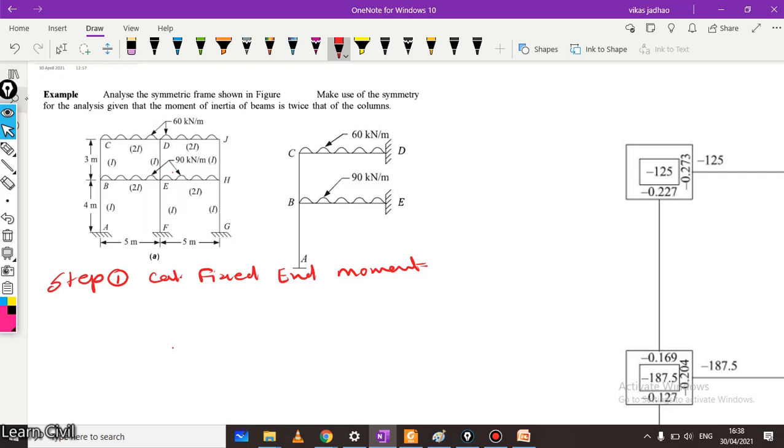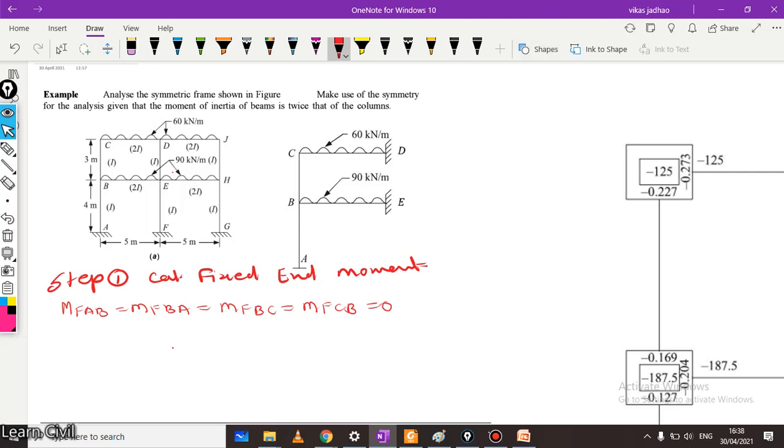You can see there is no loading for this span AB and BC. Therefore, the fixed end moment for span AB and for span BC will be 0. Therefore, MFAB is equal to MFBA is equal to MFBC is equal to MFCB. This will be equal to 0.